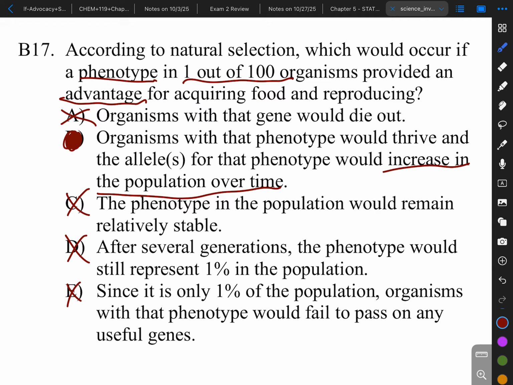D, again, that would actually align with C, so one of them can't be right while the other's wrong. And E, you might think that way, but over time, yes, as long as there are living members of those organisms, the population will slowly rise. So the answer to number 17 would be B.